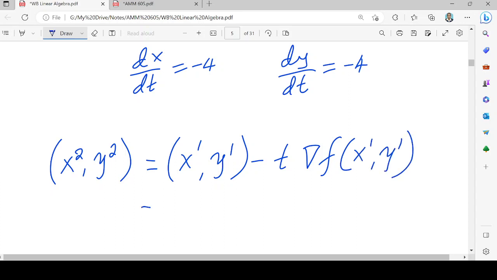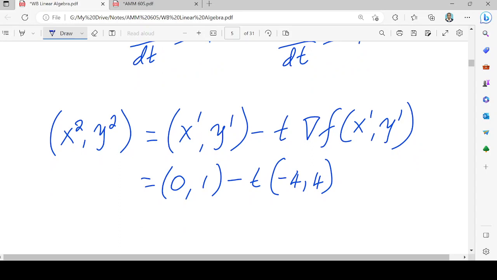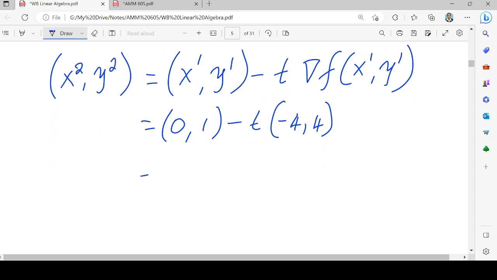We know that x1 is 0, y1 is 1, then minus t times the gradient we have obtained, which is minus 4, 4. So this becomes 0 minus t times minus 4, and 1 minus t times 4.